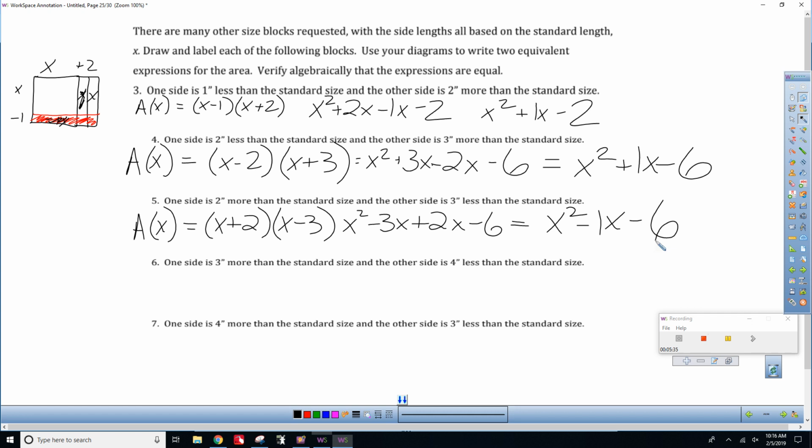Okay? So if we did our visual, I think this one would have a bigger area than that one because of the plus 1X compared to the minus 1X. Okay? One side is 3 inches more and the other side is 3 inches less.